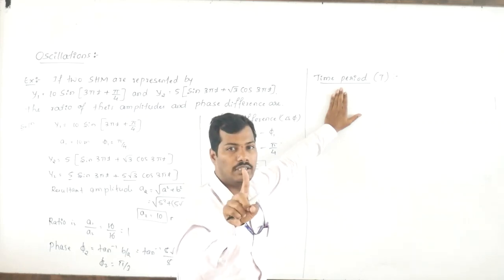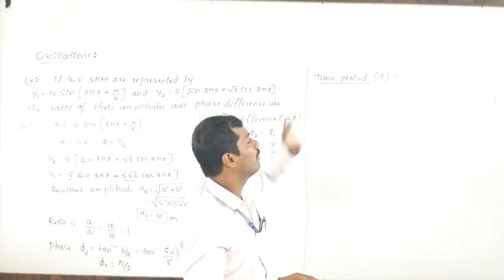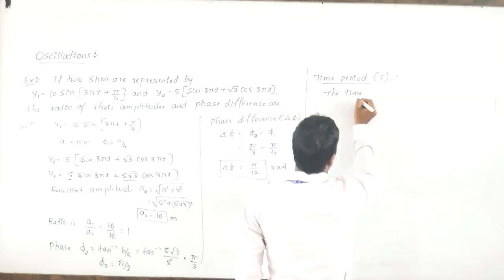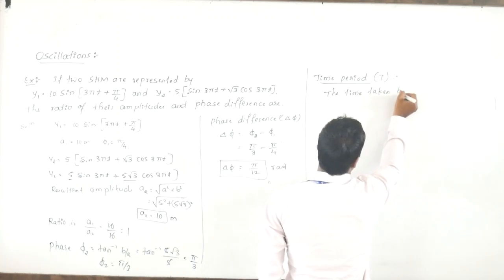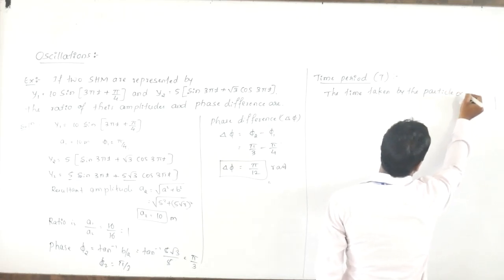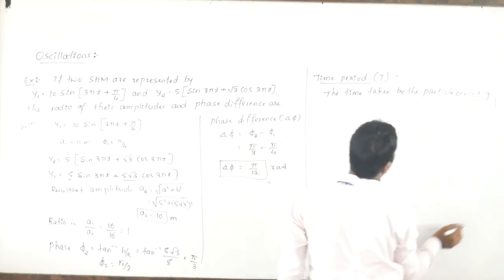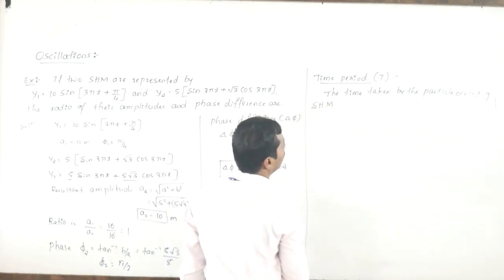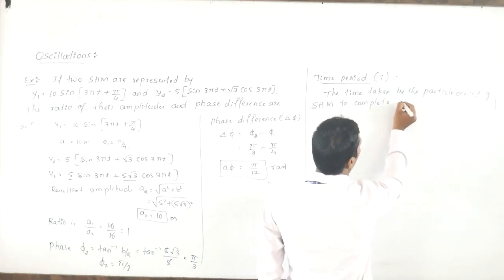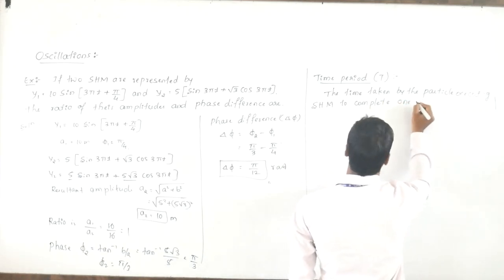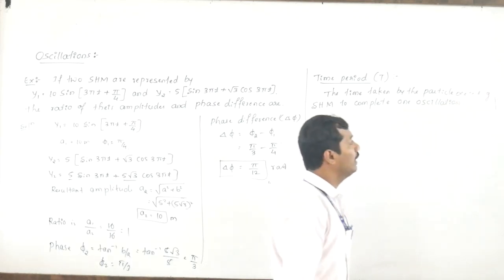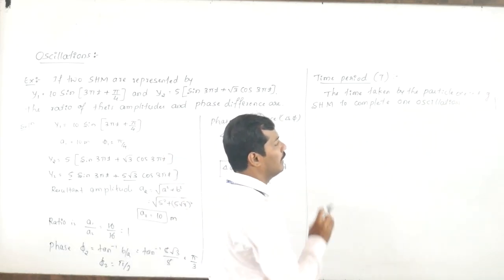I'll write its definition: the time taken by the particle executing simple harmonic motion to complete one oscillation. The time taken for one oscillation is the time period here.